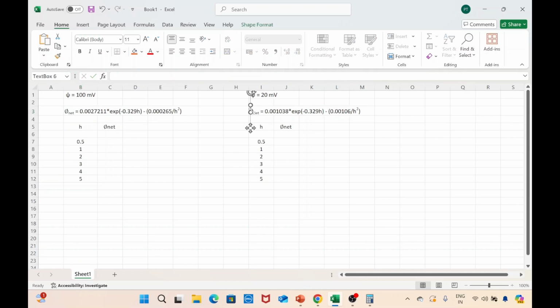Similarly here also it will be, so this is how it is. This is the expression. If you use this expression, let's calculate what your H will be for the respective potential values.